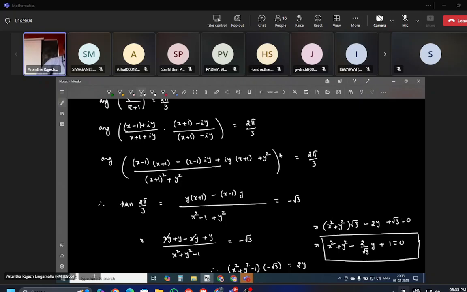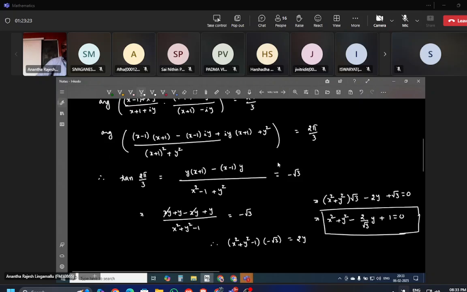So the options, I read, you only say. A portion of circle centered at 0, minus 1 by root 3 that lies in the second and third quadrants only. Okay, now tell me.